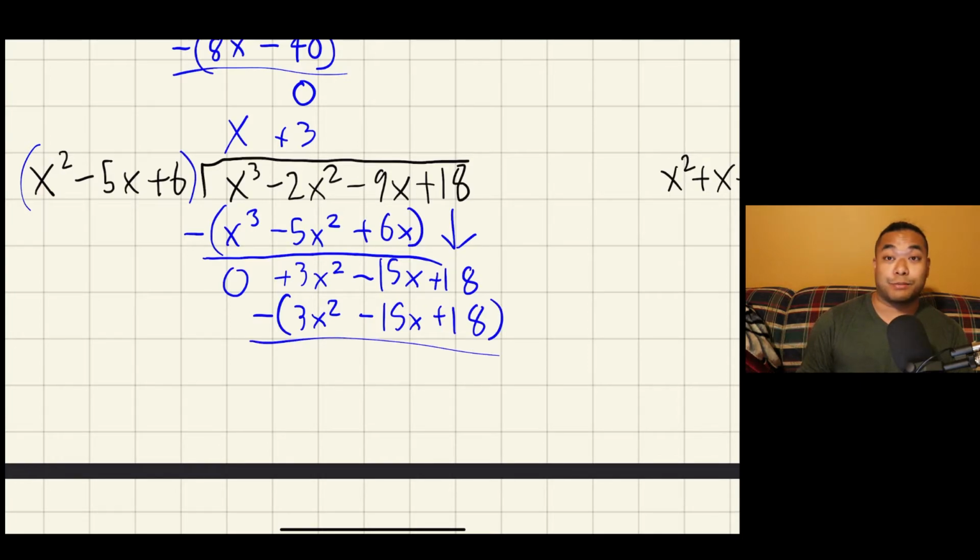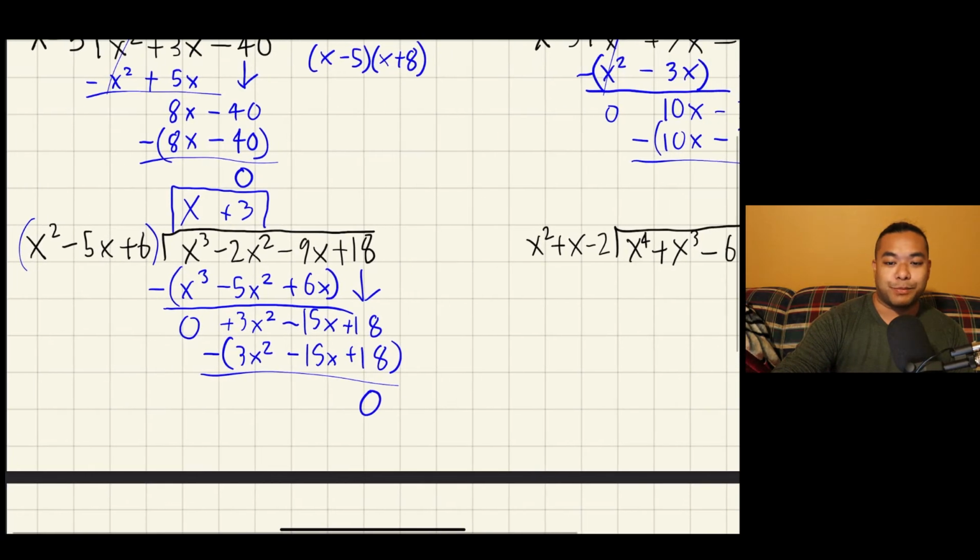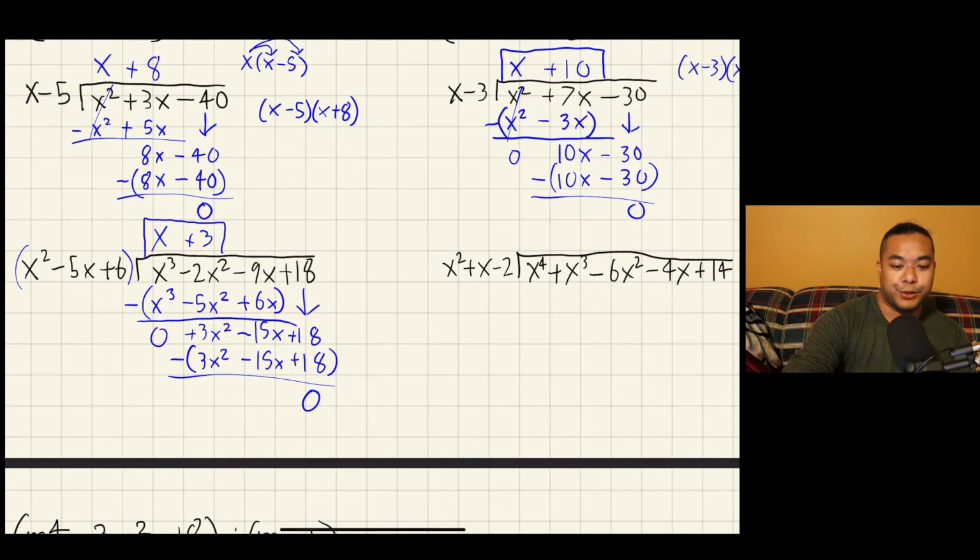Something subtracted by itself gives me 0. So this is factorable. We have no remainder. My quotient, or answer to this division, is x plus 3. And that just means that this trinomial, x squared minus 5x plus 6, multiplied by x plus 3, would give us back x cubed minus 2x squared minus 9x plus 18.